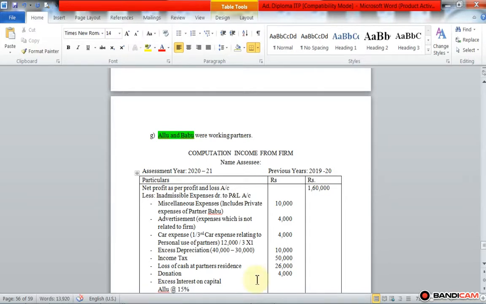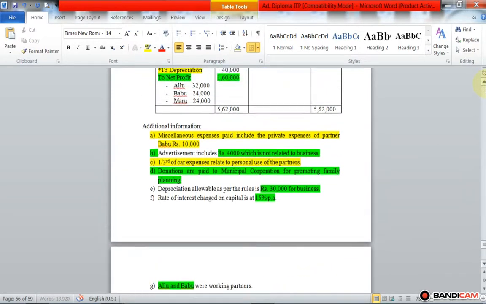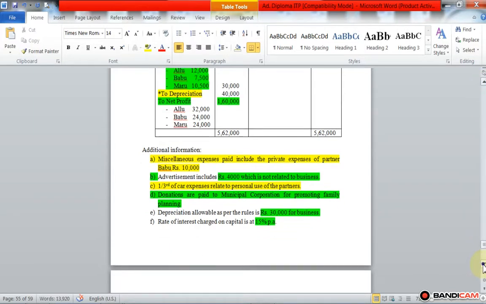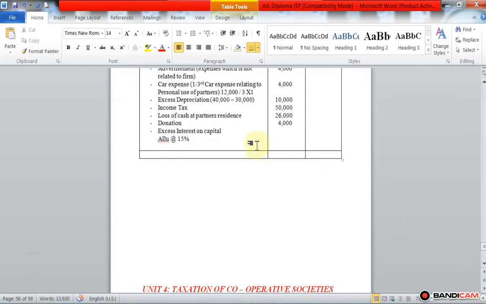Amounted to rupees 12,000. So 15% is equal to 12,000.